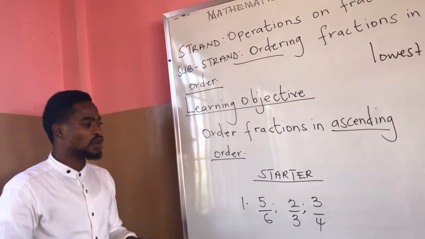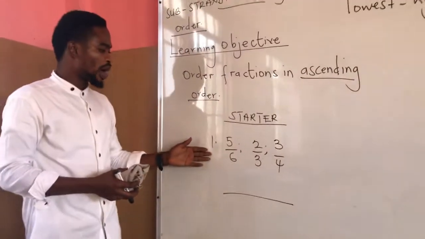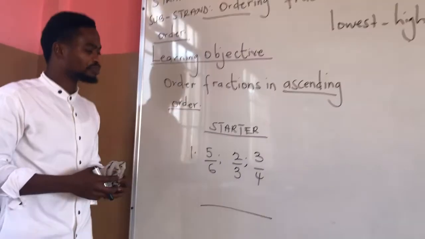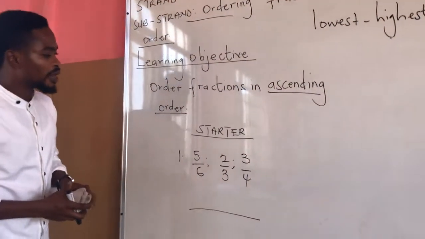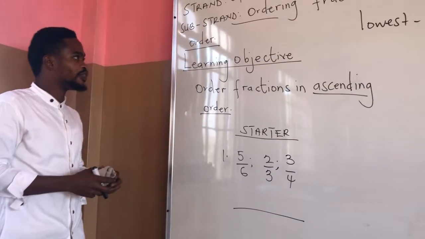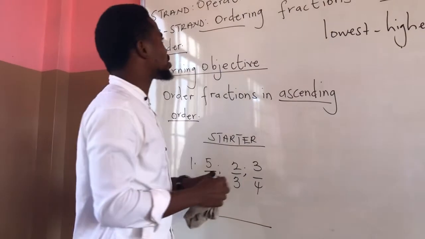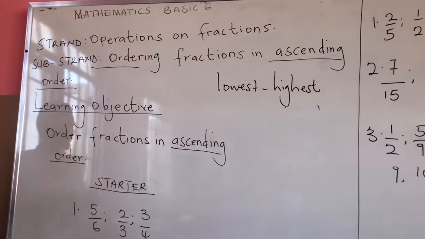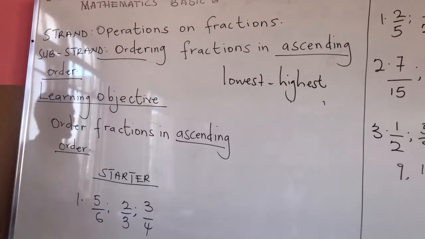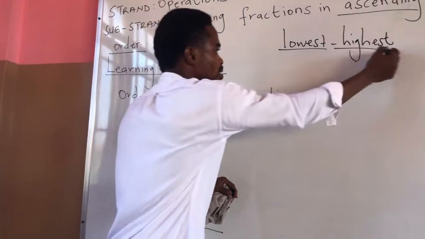Right, now let us look at our starter for the day. We have 5 out of 6, 2 out of 3, and 3 out of 4. Remember, we are dealing with ordering fractions in ascending order. We have to understand the term ascending order, which means from the lowest to the highest.